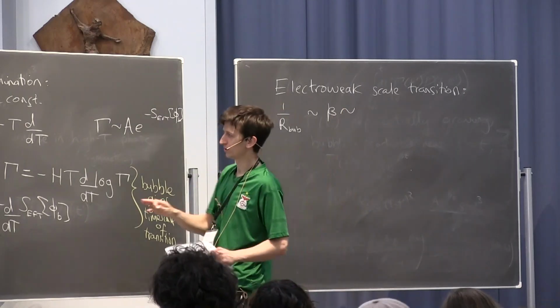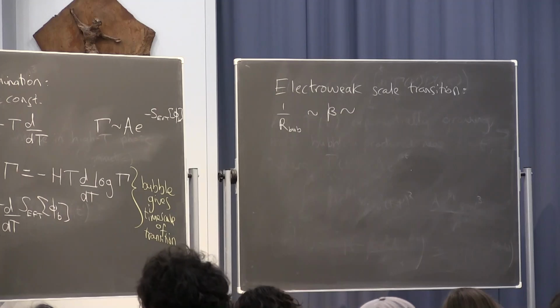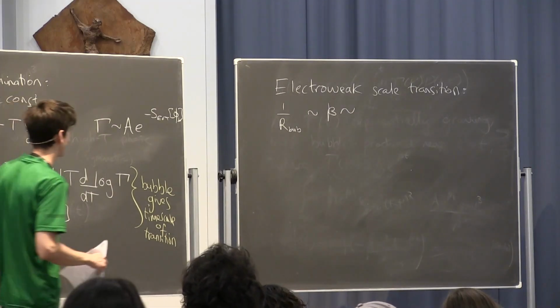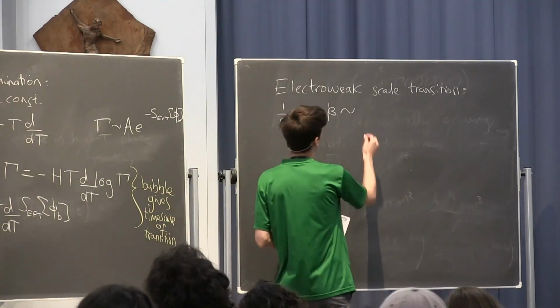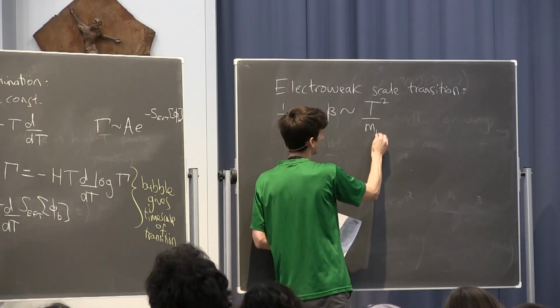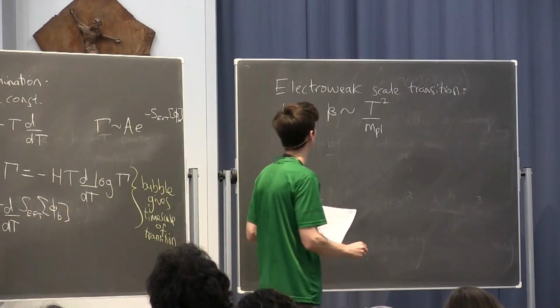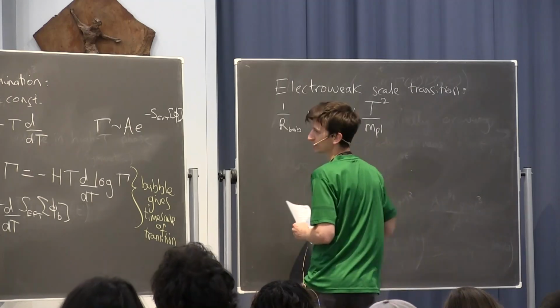And beta is equal to, sorry, there was a mistake here. That should be a plus sign. Maybe you spotted that. Beta is equal to Hubble, and Hubble in radiation domination is T squared divided by m Planck, times T. Or actually, let's do it this way around.